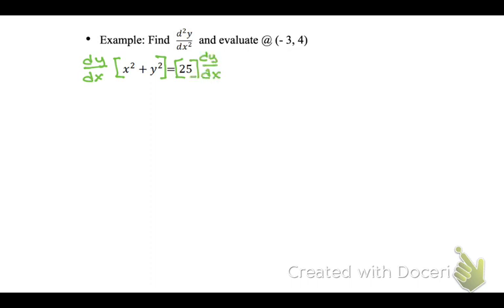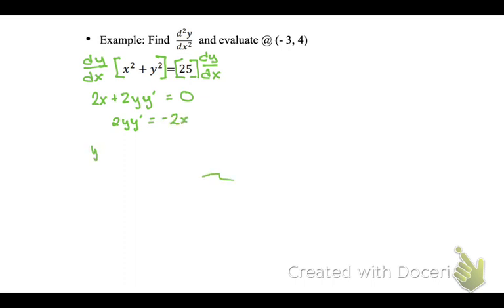Okay. So dy/dx of both sides. So I get 2x plus 2y prime equals 0. Subtract over the 2x. So 2y prime equals negative 2x.